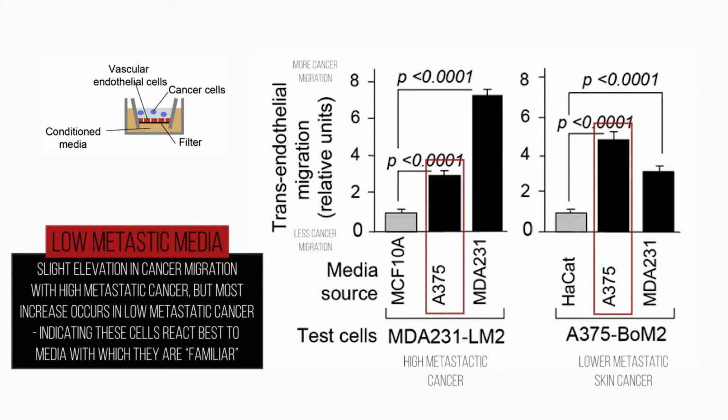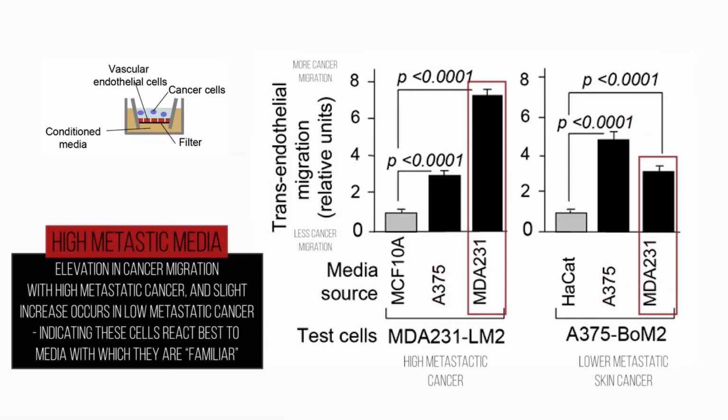So the media clearly makes a difference, but it certainly makes a difference when you link up that particular media, the A375 media, with the A375 cells. They become more metastatic, maximally metastatic. And then you see the exact same result when you look at the LM2.